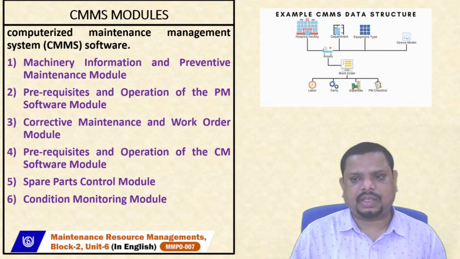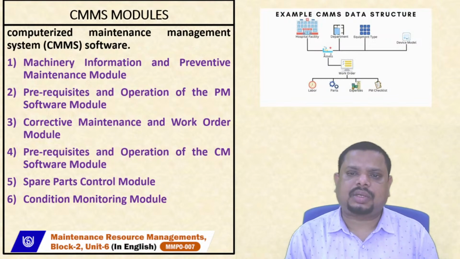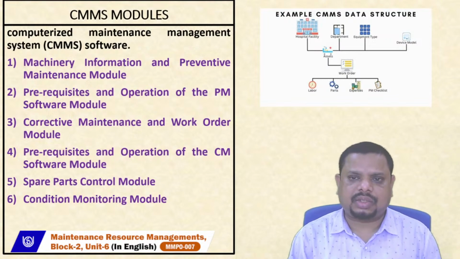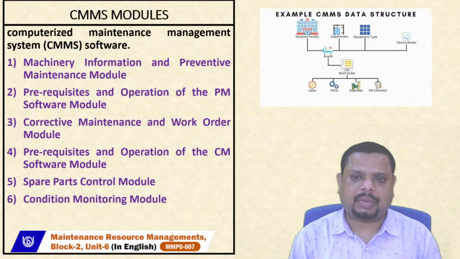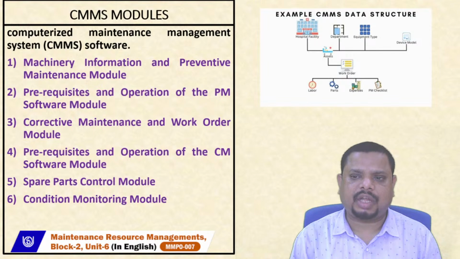So let's take a small example of hospital facilities, and how they access the maintenance-related data structures which are used and applied under your computerized maintenance management system. So we have hospital facilities, we have departments, we have equipment type, and we have device models.